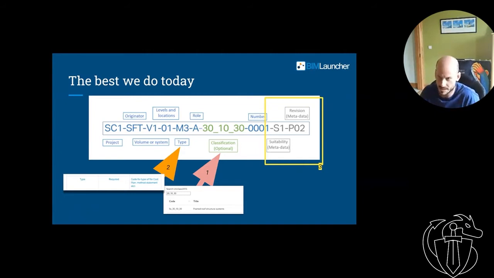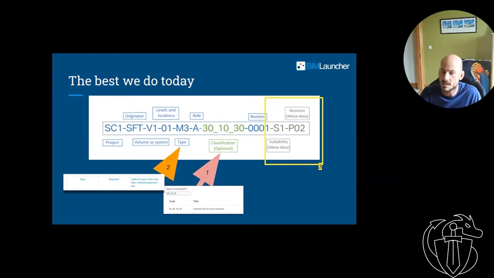If we look at the classification, this is essentially referring to the pink arrow. This is saying that the content of this information container refers to the system of framed roof structure systems. The type of document is M3.